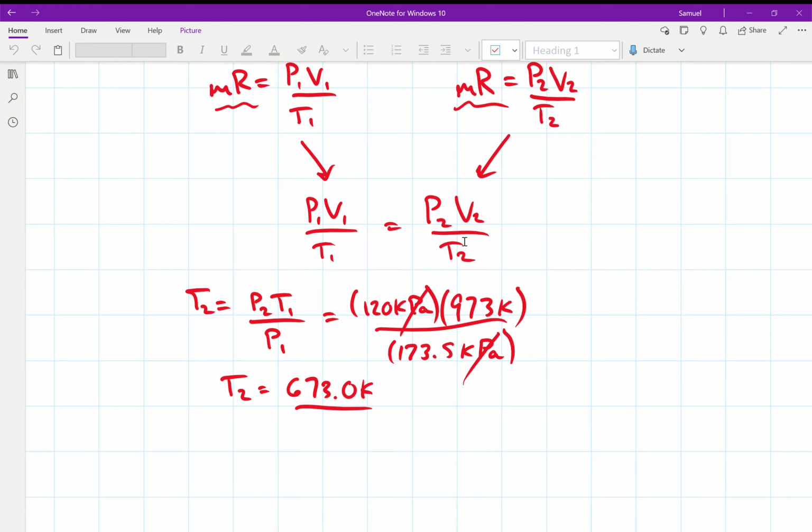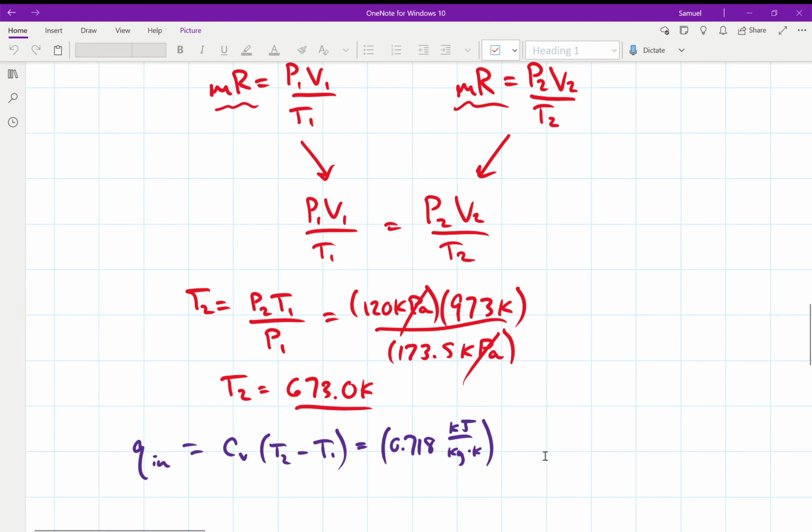With this value in hand, we can finally go get our ultimate goal. We are looking for Q in, which was, again, the calculation is CV times T2 minus T1. We found CV to be 0.718 kilojoules per kilogram times Kelvin.